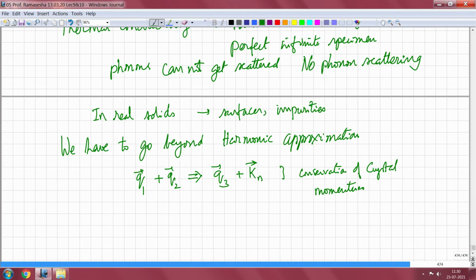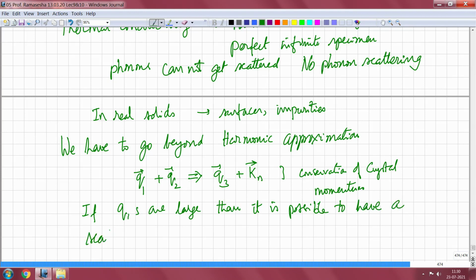So q1 plus q2 is equal to q3 plus kn. If the q's are large, then it is possible to have a scattering which involves a reciprocal lattice translation vector.